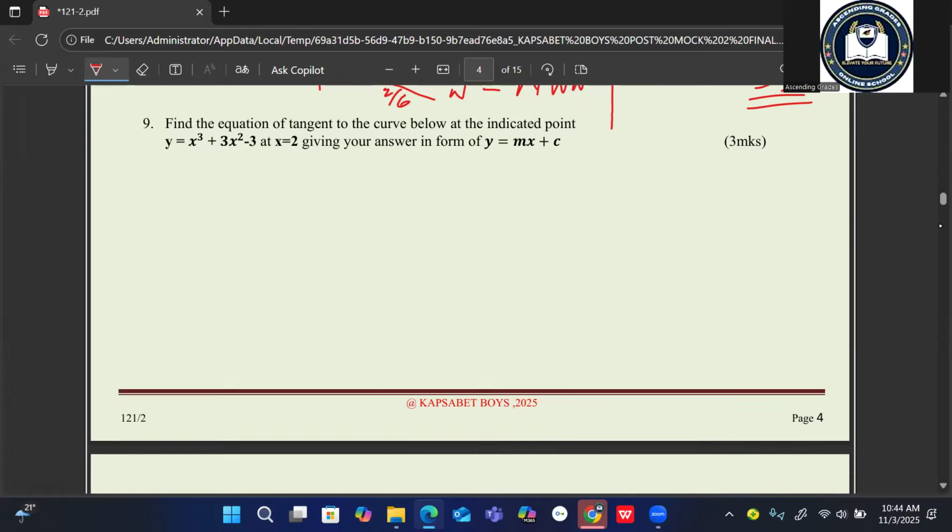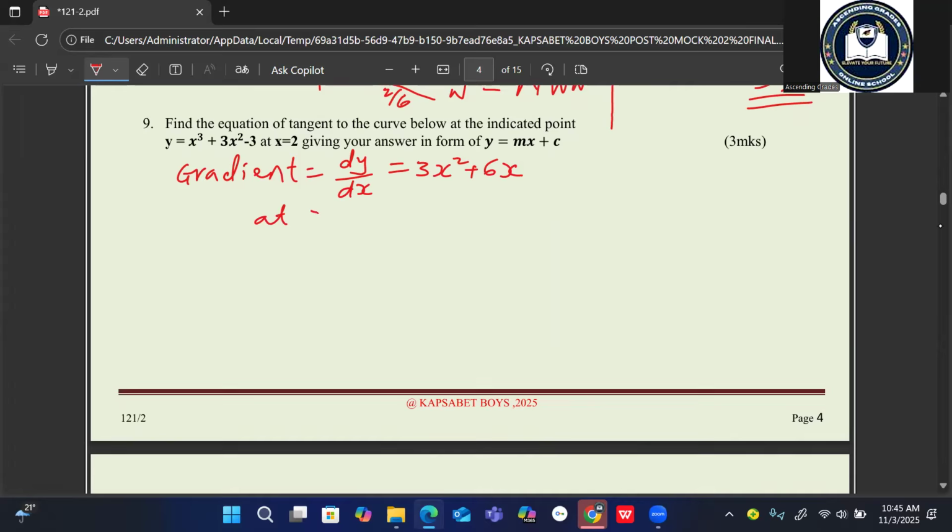So first of all, we have to find the gradient of that line. Now, the gradient is given by dy, change in y over change in x. So we have to differentiate this one, which becomes 3x squared plus 6x.